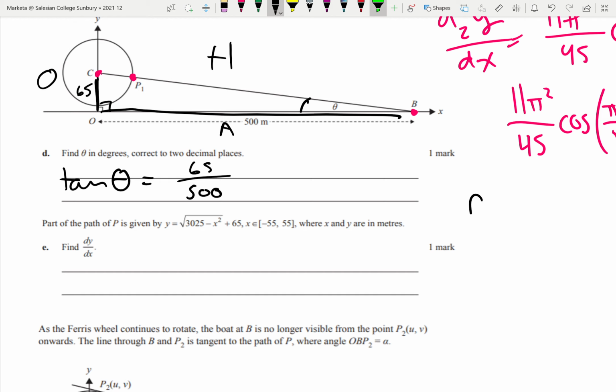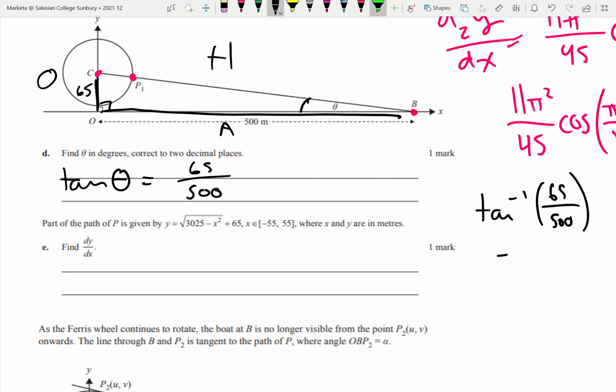And let's see, we've got to do inverse. So on my CAS, I'm writing theta equals, so tan inverse of 65 over 500. So I'll just quickly do that. Tan inverse (65 over 500). Right, and I am getting, let's decimalize that. Oh, I was in radians, I must turn that into degrees. So I'll redo that, change it into degrees.